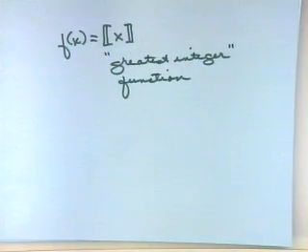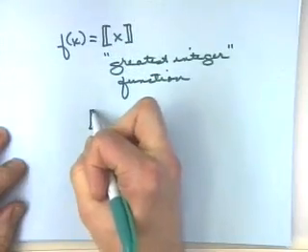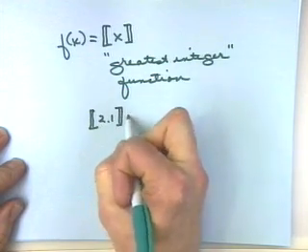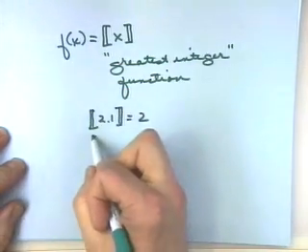So the greatest integer function. Basically whatever x you throw into that little bracket looking thing, you take the greatest integer that it totally contains. It's not a rounding. In fact, it's a truncating. It's going back to the previous integer. So for example, the greatest integer in 2.1 is 2.